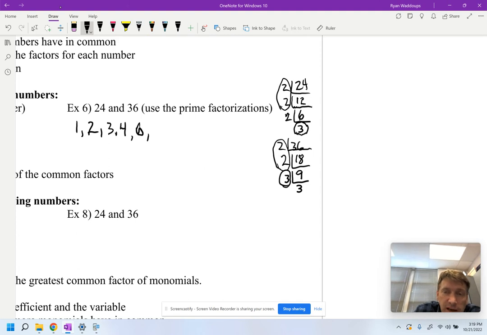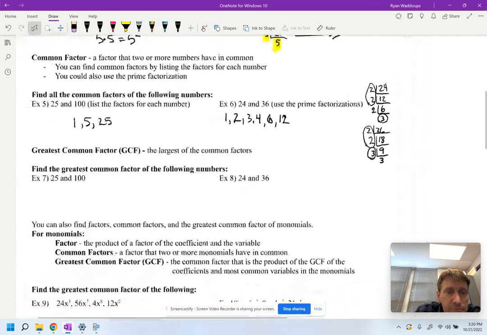And then you can take 2 times 2, which is 4, times 3, which is 12. So they have 12 in common. And I believe that's it. So those are the common factors they have.